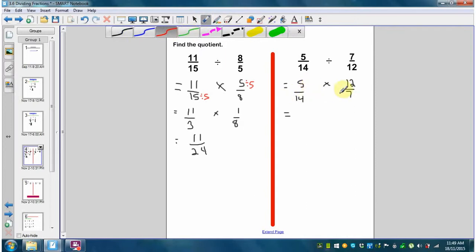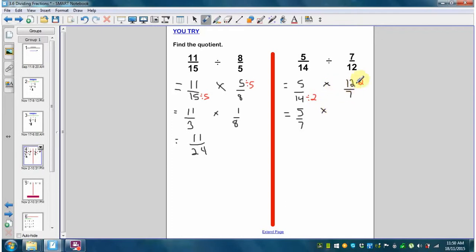I can't simplify anything here or here, but I see this corner, 14 and 12. Both of those can be divided by 2 to get our numbers more manageable. So my 5 stays the same. 14 divided by 2 is 7.